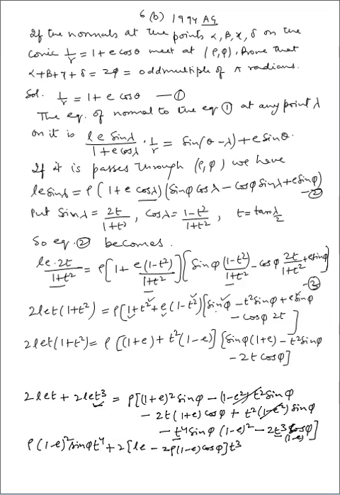Then there is no term of t square. Then we have t terms also: plus 2 l e plus 2 times 1 plus e cos phi into t.